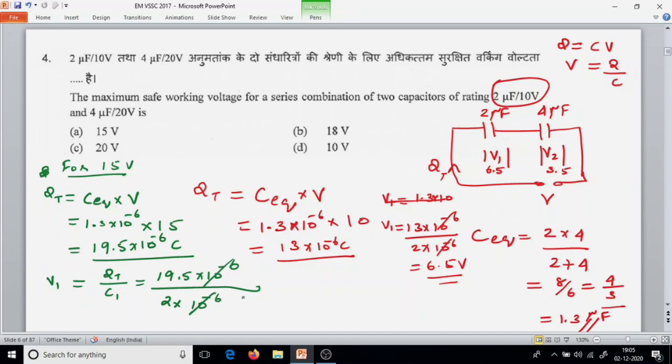This will cancel. 19.5 divided by 2, we get 9.75 volt. So this 15 volt is the maximum voltage that can be applied to this series combination. So answer is option A.